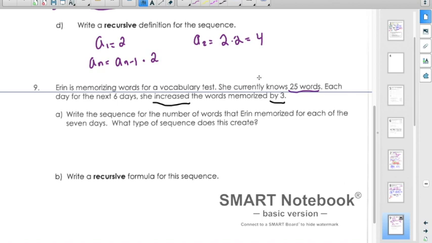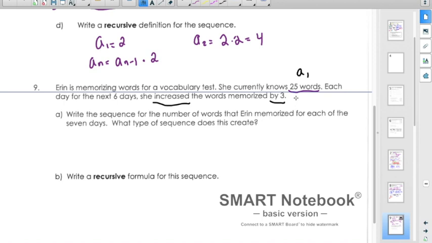Part A. Write the sequence for the number of words that Erin memorized for each of the 7 days. What type of sequence does this create? Okay, well, it's not saying give me a formula, it's just saying write the sequence. So she currently knows 25 words on day 1, that's the first term. That's your a sub 1, first term of the sequence.